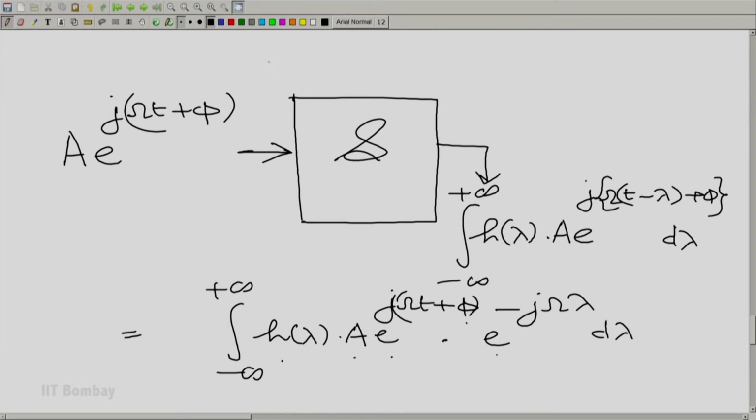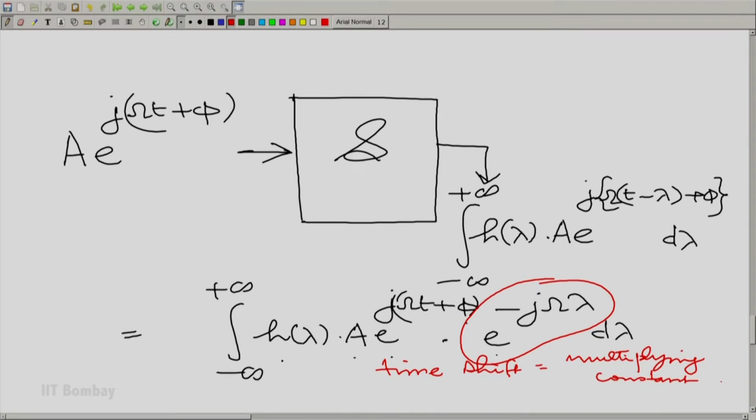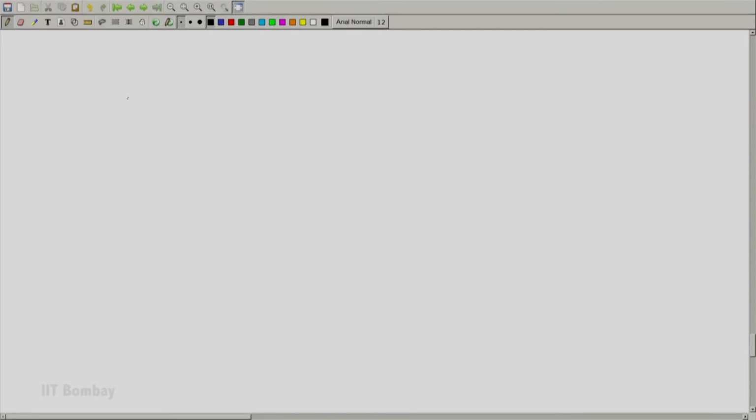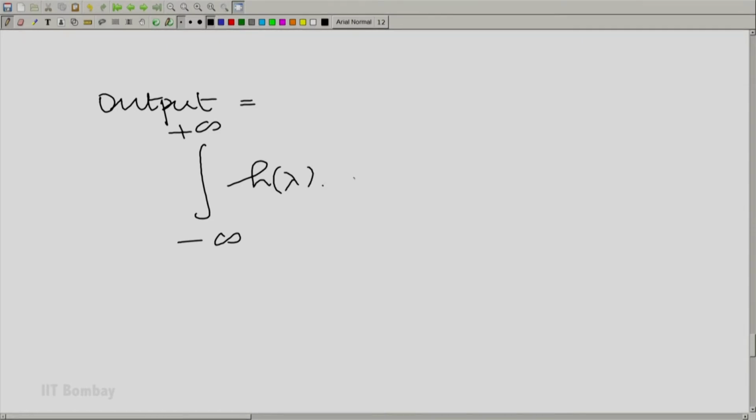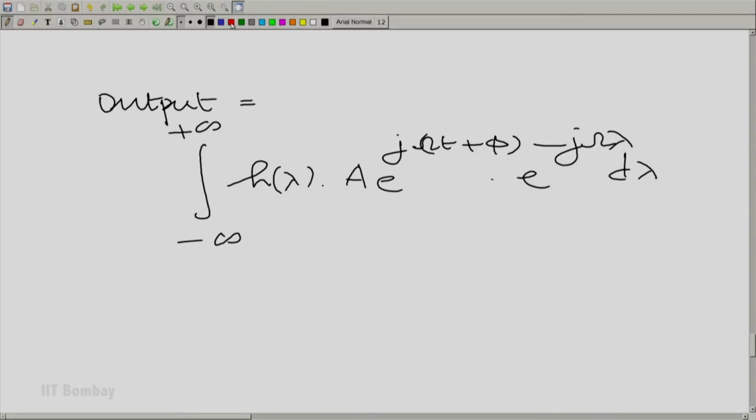In fact, you see, this is essentially a consequence of the fact that we have a change of phase here. Essentially, this is a change of phase, and the change of phase or a time shift is reflected as a multiplying constant, and therefore the output becomes the integral from minus infinity to plus infinity times the original waveform.